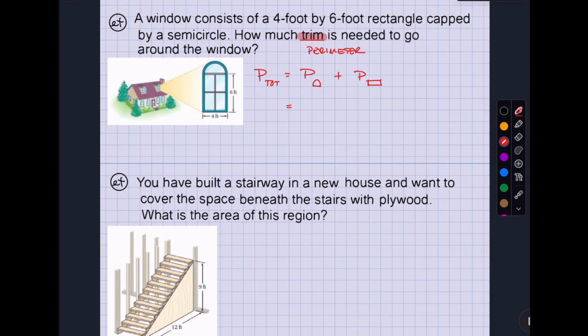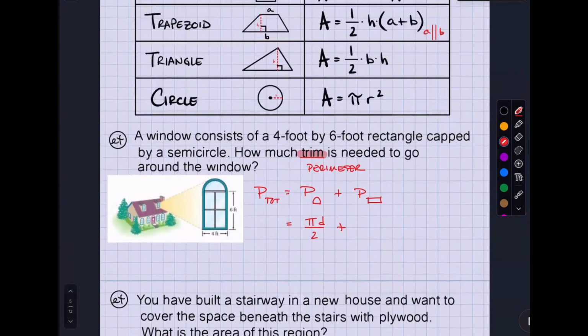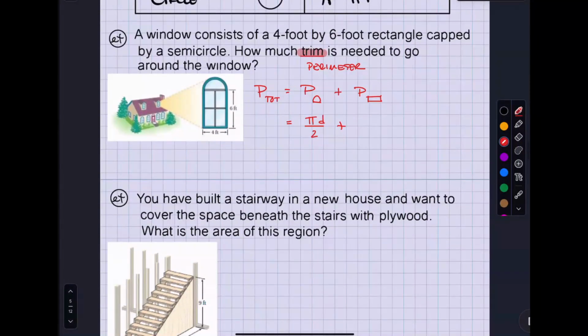So let's write out the equation first. He decided to use pi d divided by 2, because it's the full circle divided by 2. Plus, what's the perimeter of the rectangle going to be? You can say it's 2 length plus 2 width.